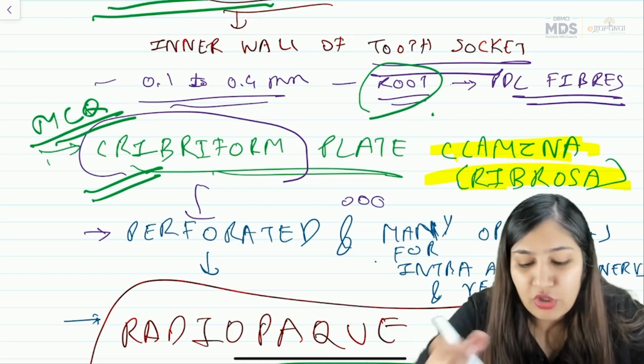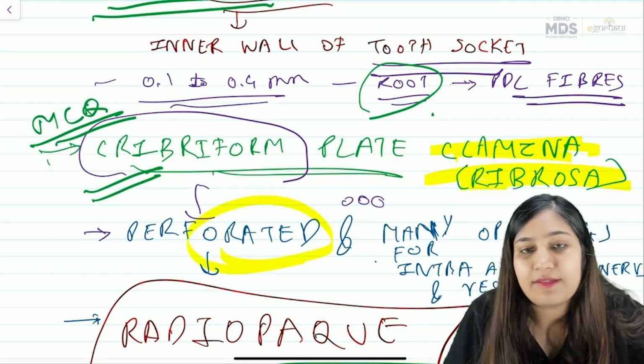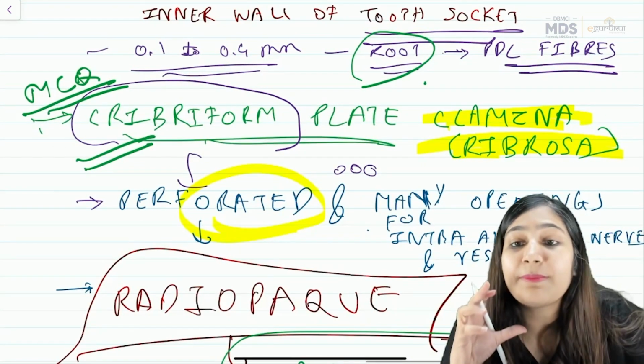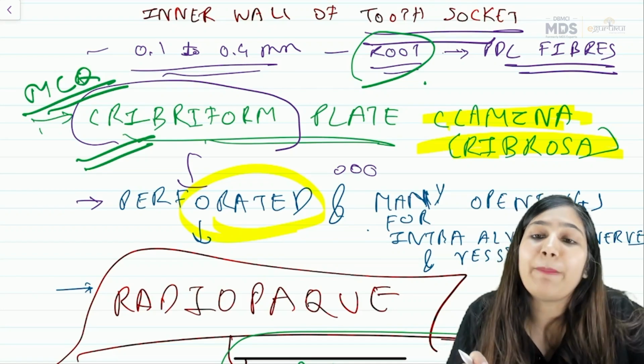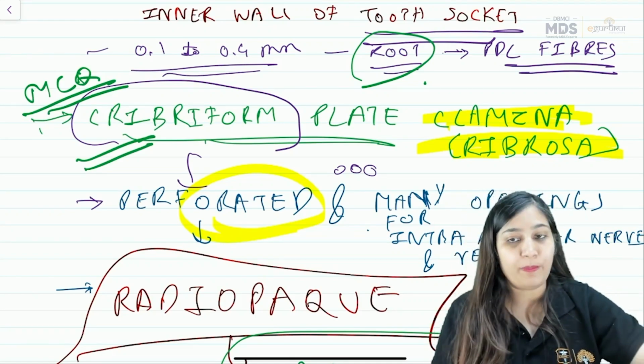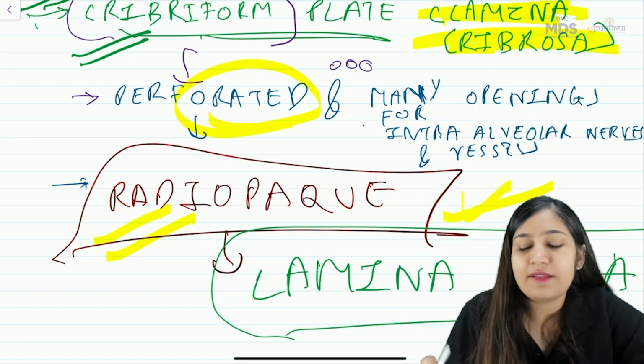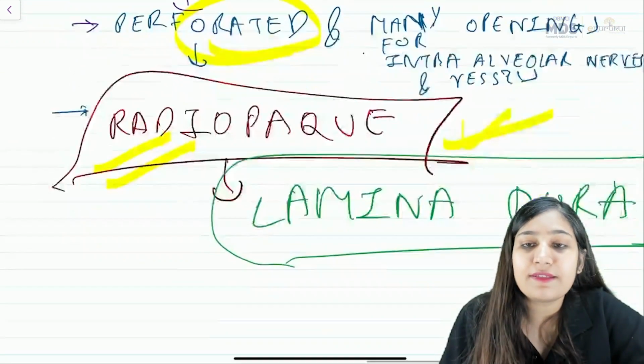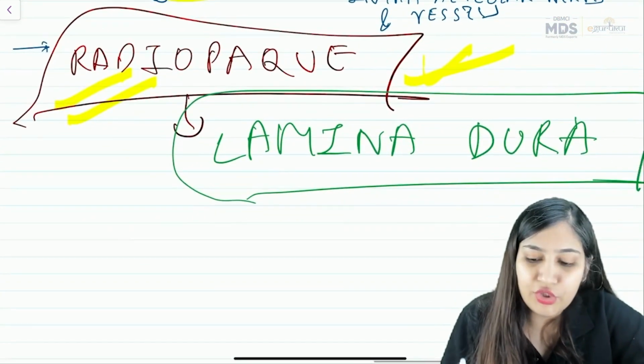Why cribriform? Because of perforations. In spite of perforations, it appears radio opaque, and this radio opacity is known as lamina dura.